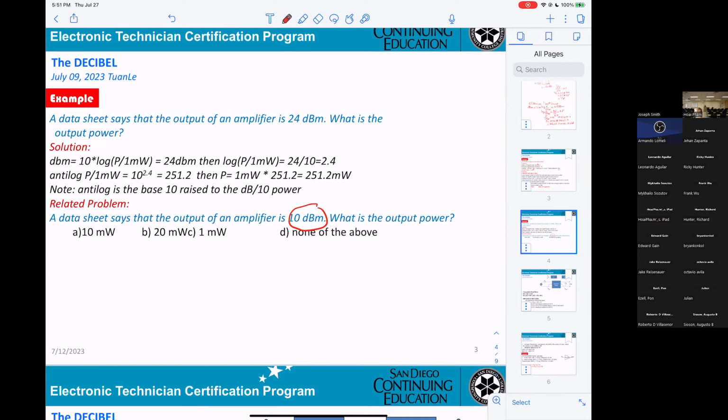Go ahead, do it, tell me A or B or C or D. A. Okay, one student says A. Who else? A. Okay. See, the guy did it too quickly.